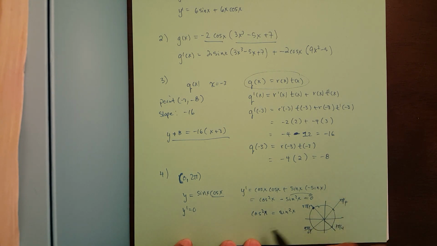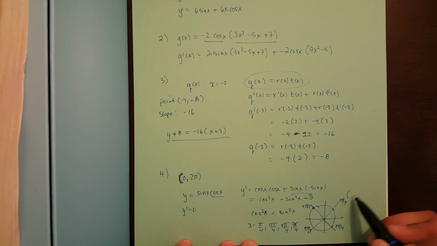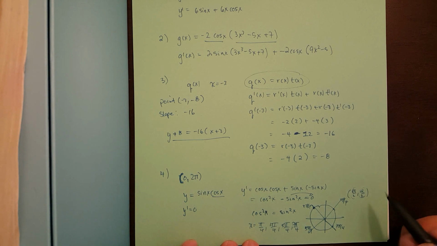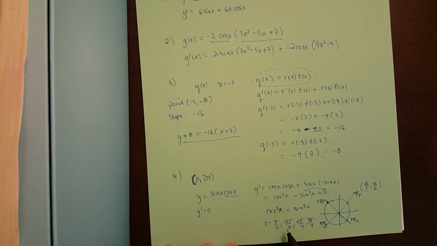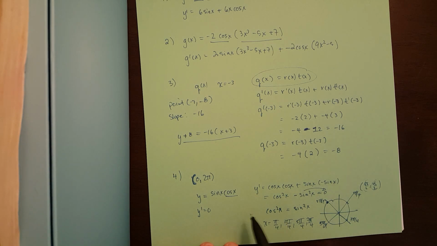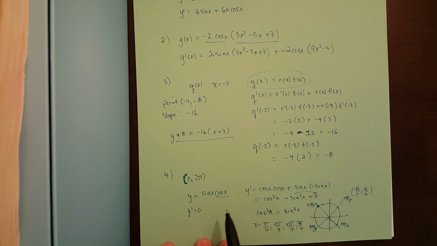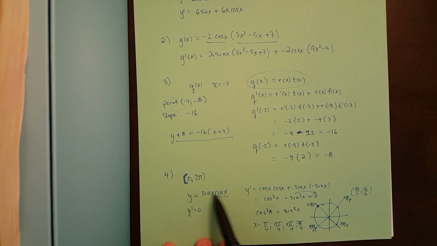So we're going to say that x is equal to pi over 4, 3 pi over 4, 5 pi over 4, and 7 pi over 4. Okay, and just to let you know that the number at pi over 4 is square root of 2 over 2, square root of 2 over 2. So cosine and sine are both the same. So we have the tangent line. We know where they're located now. So we found the x values in which the tangent line that's horizontal to this graph are at these specific points here. Okay.